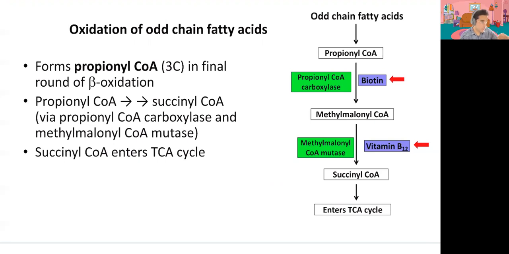So propionyl CoA, guess what? Propionyl CoA carboxylase, what cofactors will it need if it's a carboxylase, guys? Exactly, biotin. Look at that. It's the same trend again and again. Now, what happens after that?